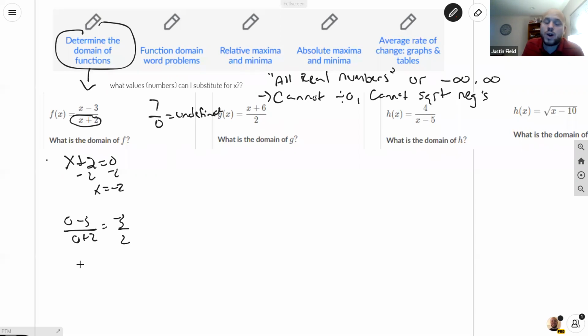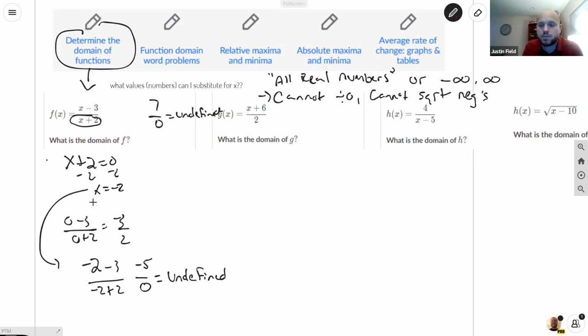So watch with me what happens when I substitute in negative 2 into this function. On top, we're fine. That's negative 5. But on the bottom, we end up with 0. And negative 5 divided by 0 does not have a value. It's undefined. So x equals negative 2 makes the function not work.